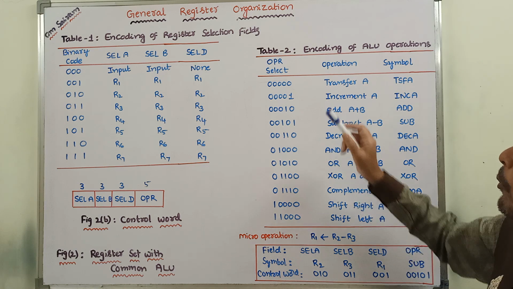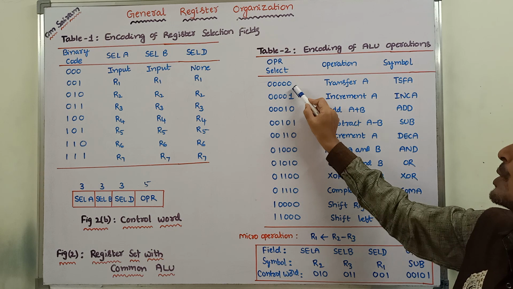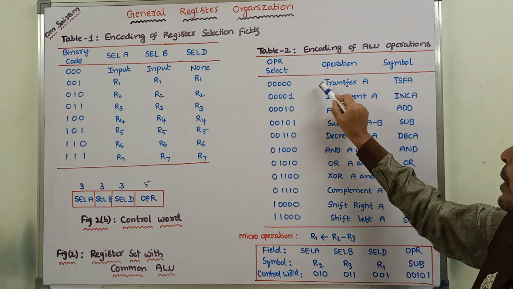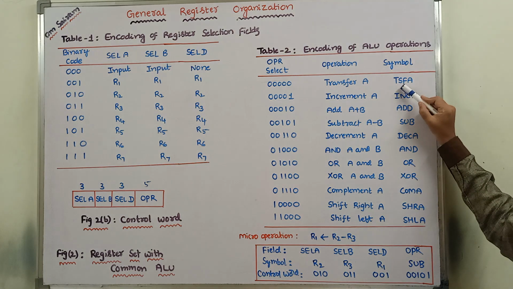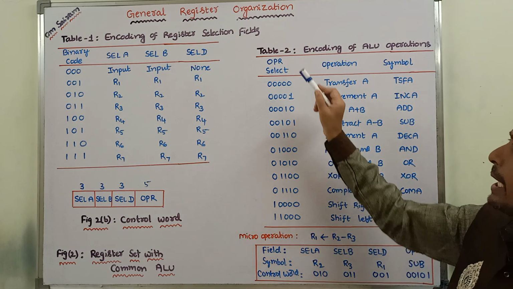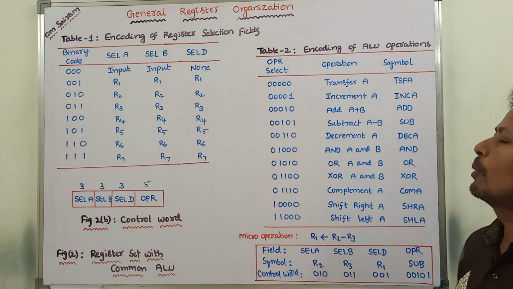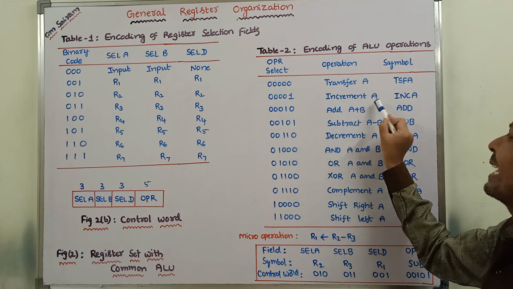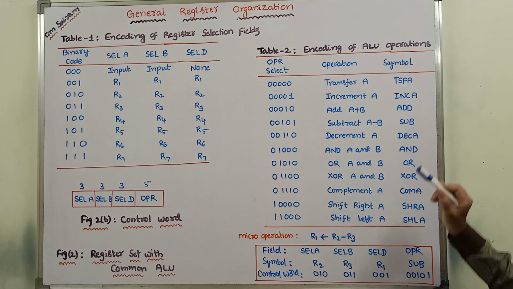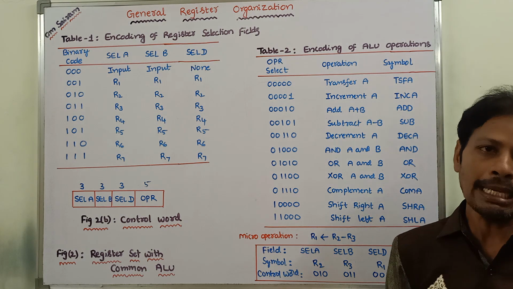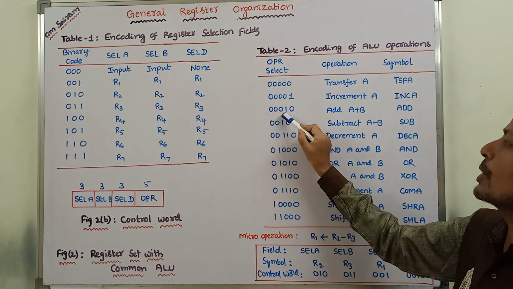Okay, OPR select value is 0, 0, 0, 0, 0. The operation we have to perform is transfer A, which can be denoted by TSFA. Then OPR select value is 0, 0, 0, 0, 1. We have to perform the increment operation on the content of register A, denoted by INCA. Next one, OPR select value is 0, 0, 0, 1, 0.